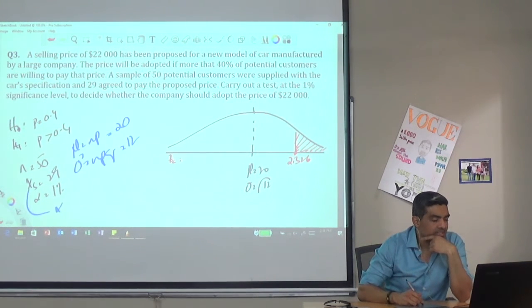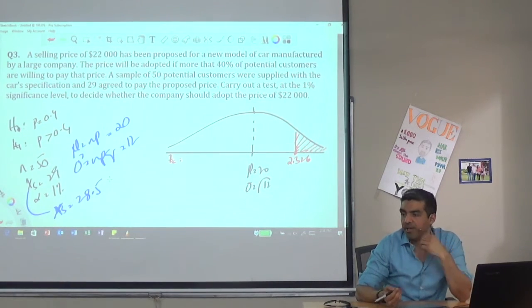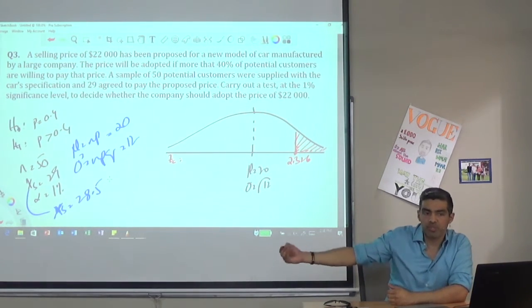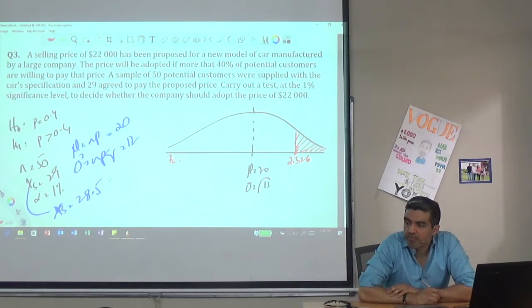Okay, so the X statistic that we are using, since we are going towards the right, is going to be 28.5. We need to start a little left so that we can accommodate the entire bar when we are moving towards the right. Is everyone okay with this?